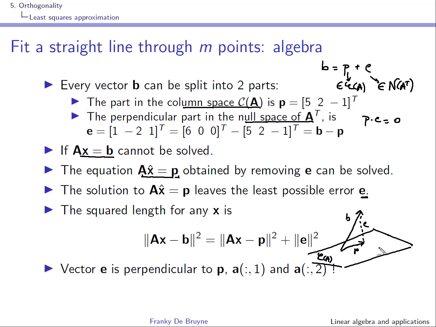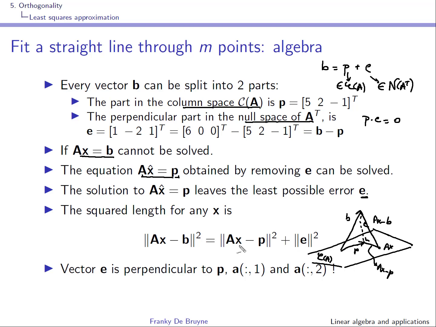So let's take any vector in the column space. It can be written as a linear combination of the columns of A. So this vector over here is AX minus P, and this vector over here is AX minus B. So we have here a right triangle, so we can write that the length of AX minus B squared is equal to the length of AX minus P squared plus E squared.